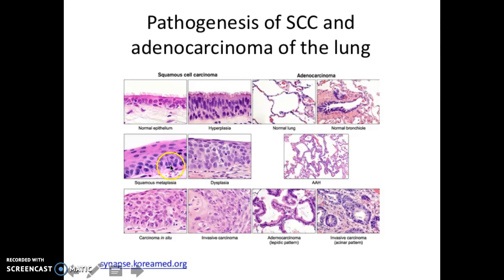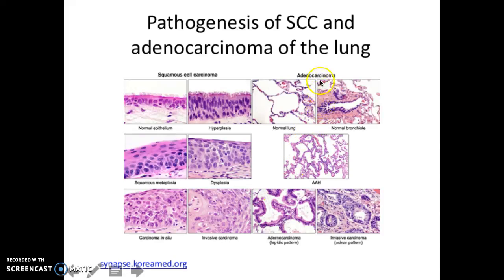And if the injury is not removed, then dysplasia will occur, and dysplasia can eventually evolve into carcinoma in situ when the dysplasia involves the full thickness of the epithelium, and eventually the carcinoma in situ will lead to invasive carcinoma.